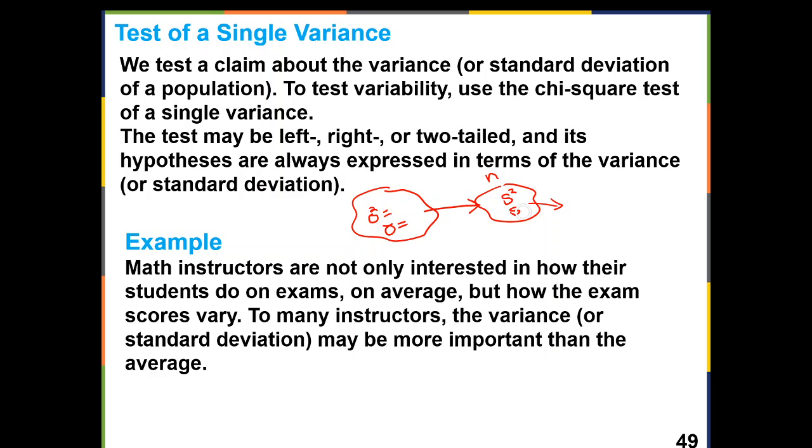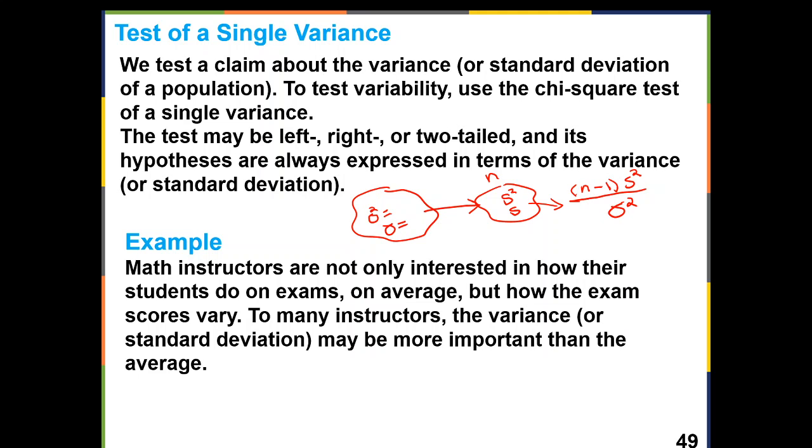So s squared and s make a distribution. But what we do to them when we get this number is multiply it by n minus 1 and then divide by that sigma squared that is hypothesized. If it's sigma, we square it and put it here. If it's sigma squared, we just put it here.